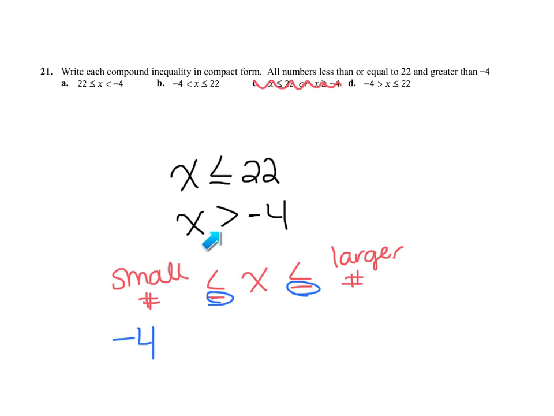And looking at it, it was strictly less than x. So -4 is less than x. So if I rewrite this with -4 in the front, that would be -4 less than x. See how that's a less than sign? So then I'm going to write -4 less than x. And then looking up here, I can just write it exactly how I see it, which is x is less than or equal to 22. And when I go and find that one, that is letter B.